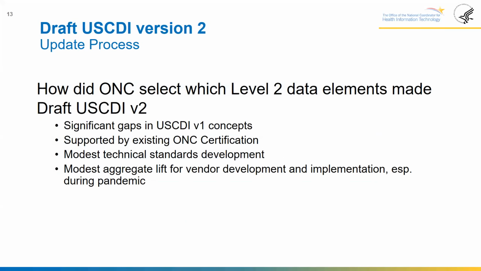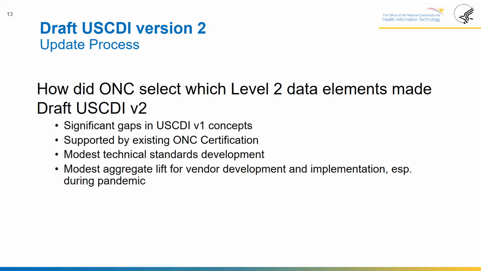And so we developed some prioritization criteria to apply to these level 2 data elements to come up with a reasonable set to add to version 2. First of all, the submissions had to represent significant gaps in USCDI version 1 concepts.